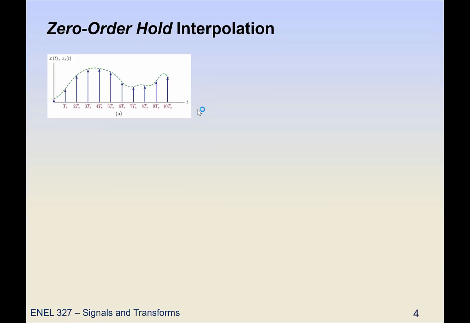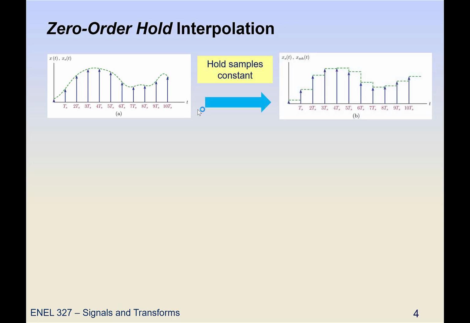We'll first talk about zero order hold interpolation. Effectively, whatever the sample value is at a certain instant of time, right here for instance, we're going to hold that value constant until the next sample comes up. Then we'll change the amplitude but hold it constant again.